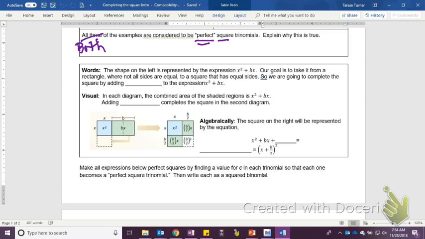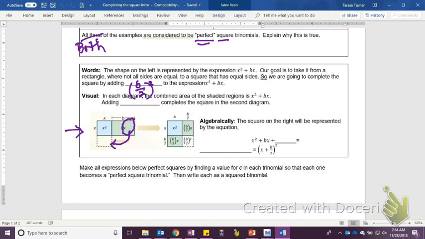The shape on the left is represented by the expression x squared plus bx, this one. Our goal is to take it from a rectangle where not all the sides are equal to a square that has equal sides. So we are going to complete the square by adding, so we're going to take half of this b, we're going to move it over there, so we're going to add b divided by 2 squared to the expression x squared plus bx.